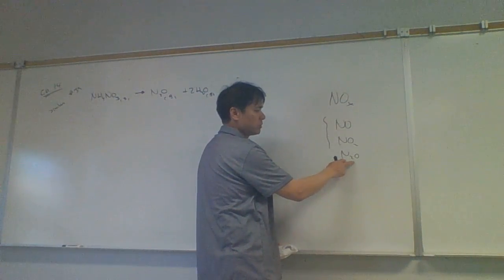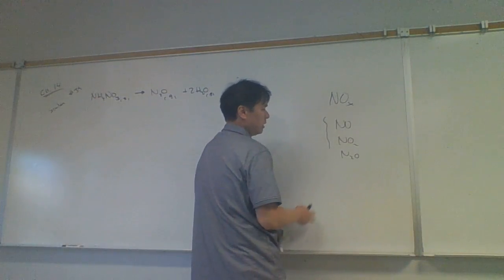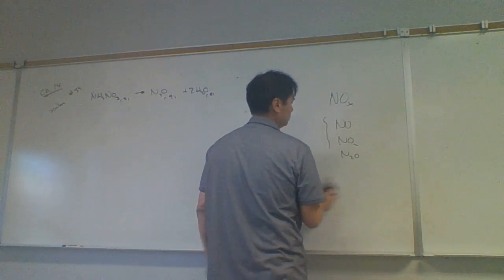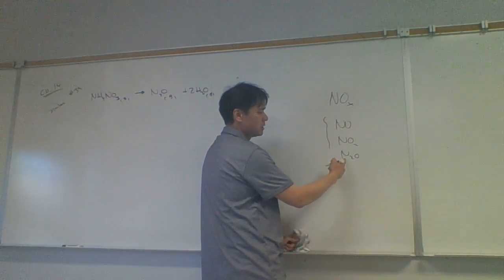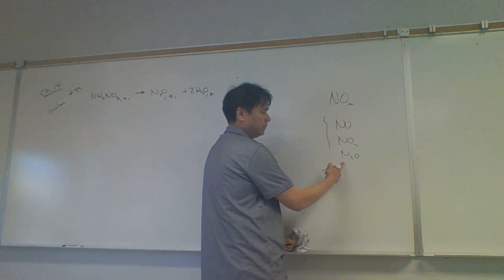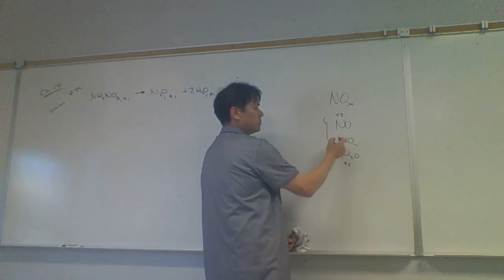Under certain conditions, we're going to form, let's say, nitrous oxide. Under other conditions, we might form nitric oxide or nitrogen dioxide. Nitrous oxide, what's the oxidation state of nitrogen here in nitrous oxide? +1. Here it's +2. Here it's +4.